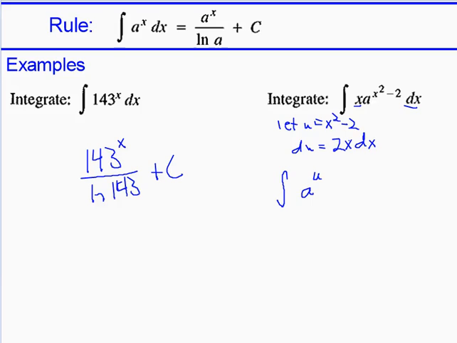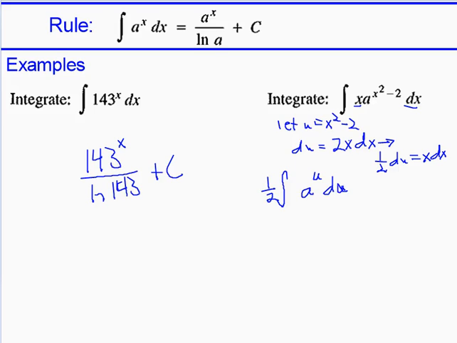You don't always have to write it out, but multiplying both sides by 1/2, you get 1/2 du equals x dx. And so we can take out x dx and put 1/2 du. 1/2 is a constant, so let's go ahead and put it out here. So now we have this.